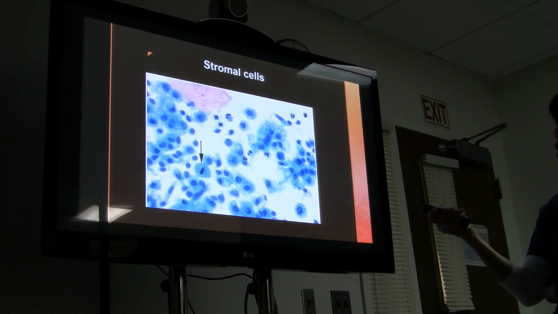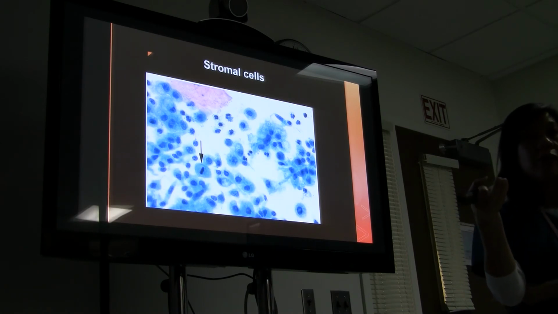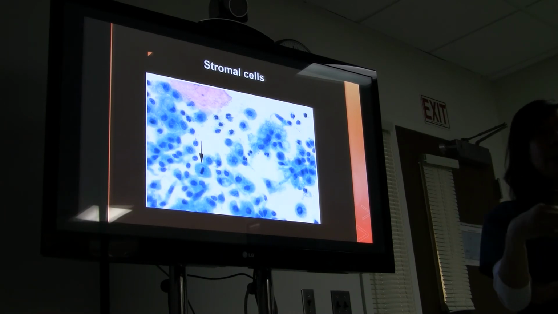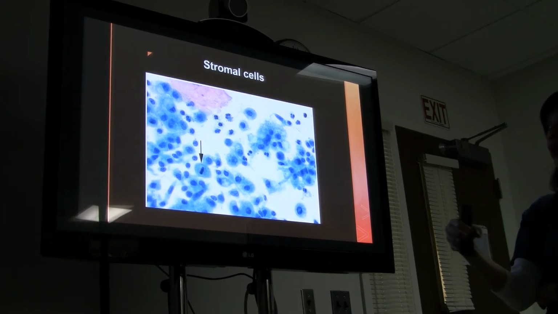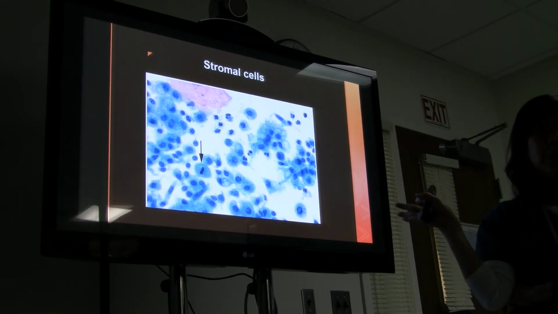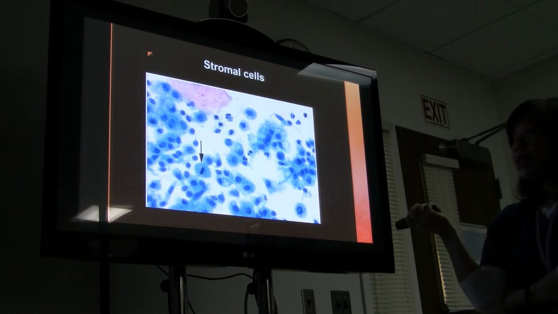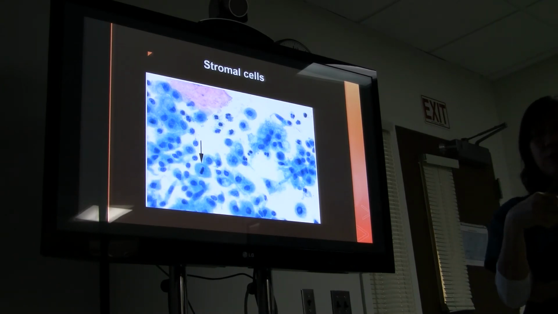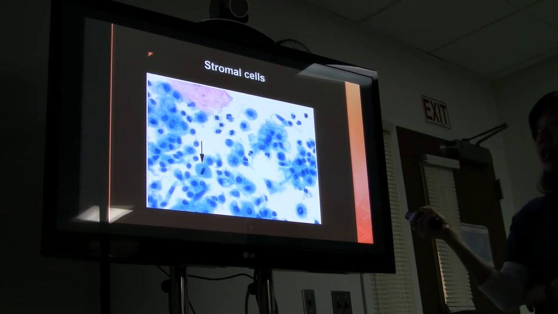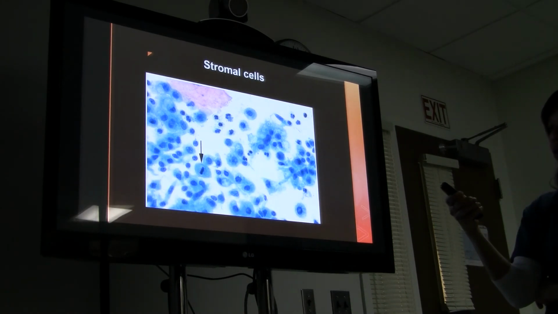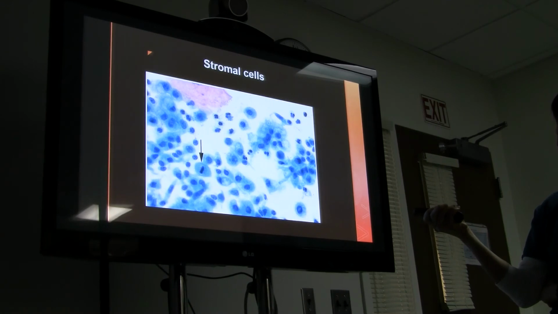So all these stromal cells are the supportive tissue underneath the endometrium. When the cells exfoliate into the pap smear during the menstrual period, you can see them too. However, the inflammatory cells in the immune system, the histiocytes, look very similar, but usually you see that with a lot more inflammatory cells together.